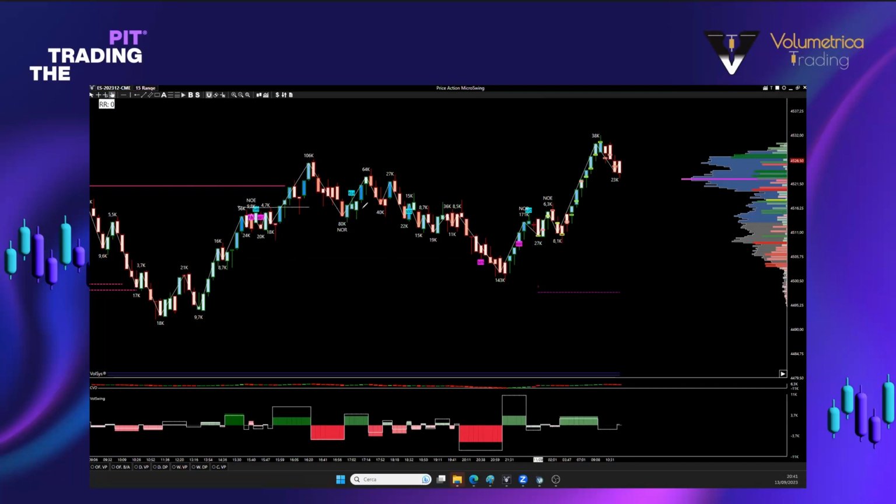Then what happens? Market tries to, it bounces actually, and it tries to make a new low. So it gives us another upswing with way less volume than the previous attempt.